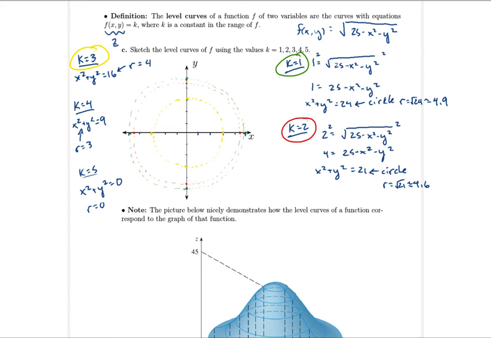And then let's see, I guess we'll do black for k equals 4, which is going to be r equals, oh, excuse me, I guess I messed that up. My k equals 3 should have a radius of 4. So that's okay. I'll leave the circle yellow. My mistake. So my radius of 3 is my yellow one. I'll do this one in black. So that's where k is equal to 4.